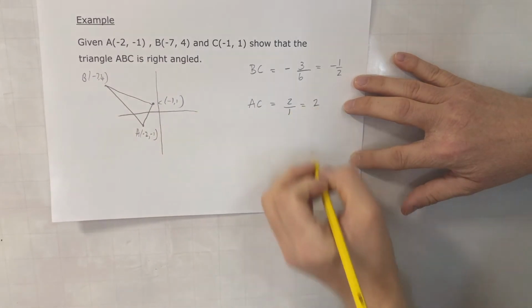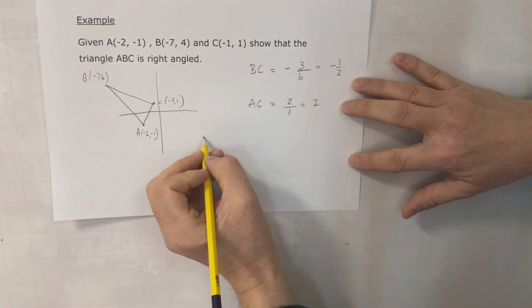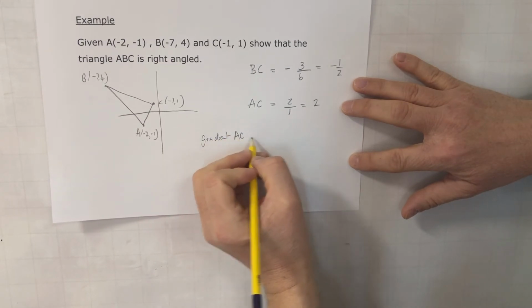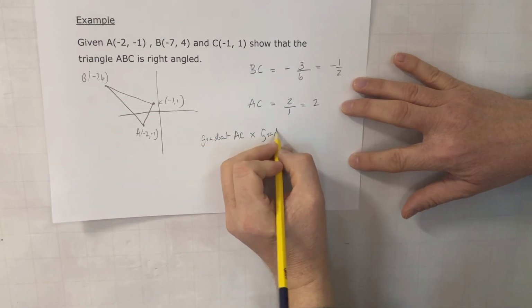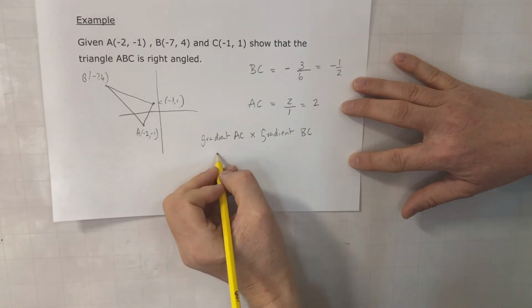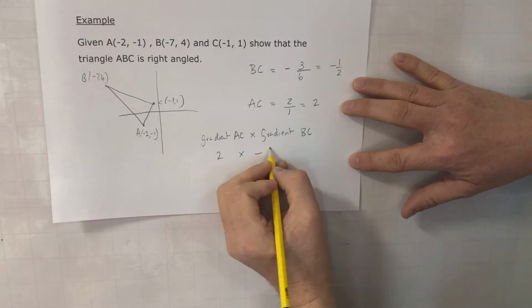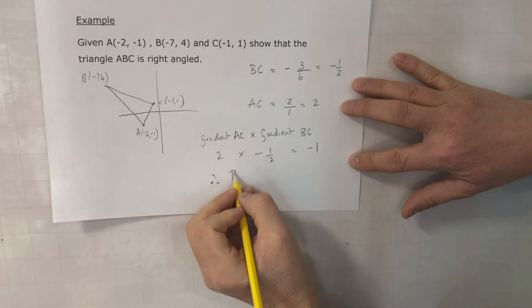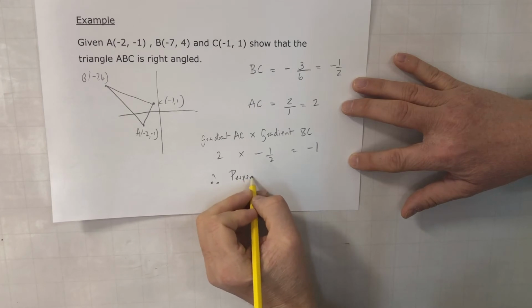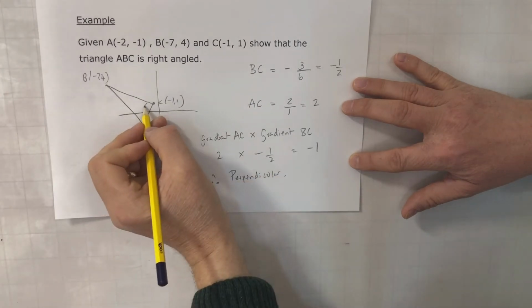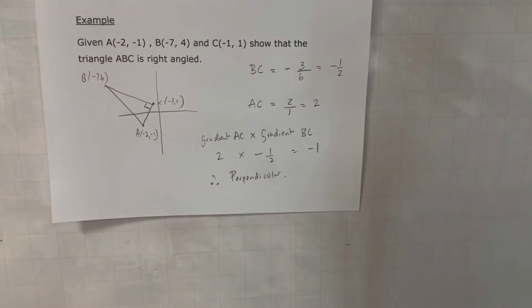So that gradient is 2. So the gradient of AC times by the gradient of BC is 2 times minus 1/2, which equals minus 1. Therefore, perpendicular, which means that that is a right angle triangle.